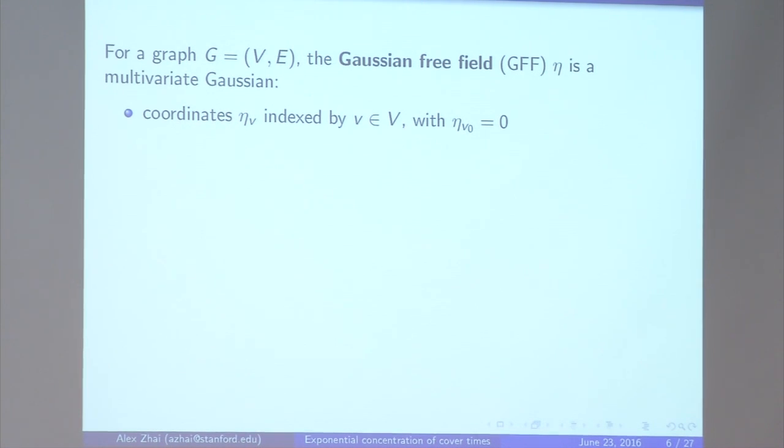More generally, you can define a Gaussian free field for any subset. You can take any subset of vertices and enforce that they're 0. For our purposes, our set is just going to be v naught.